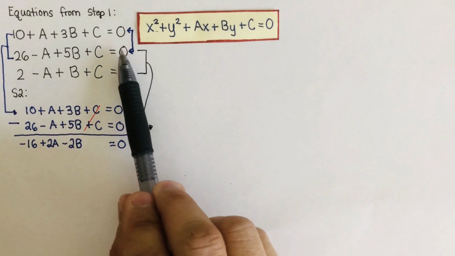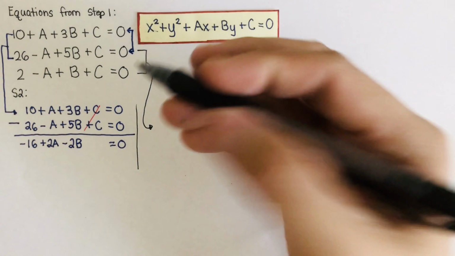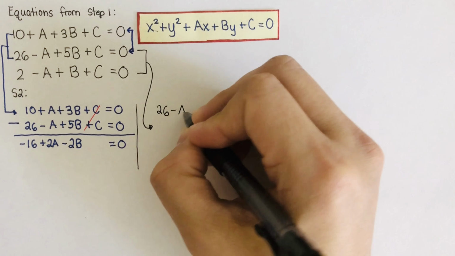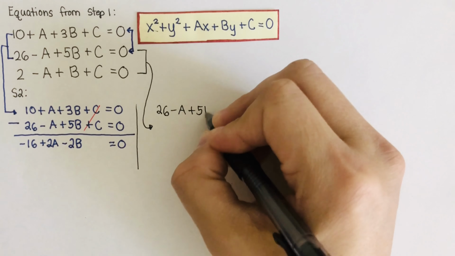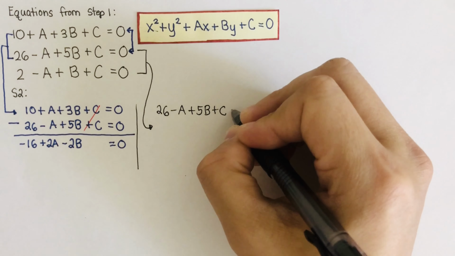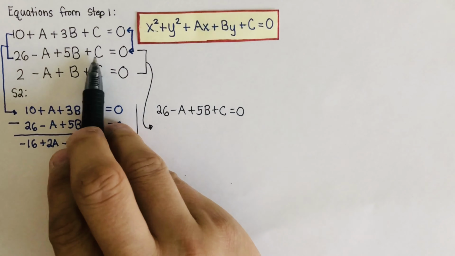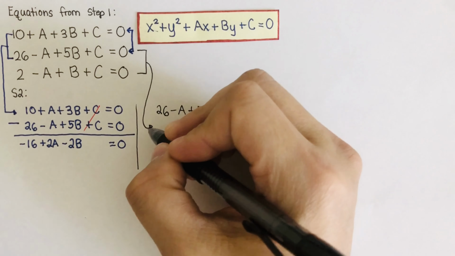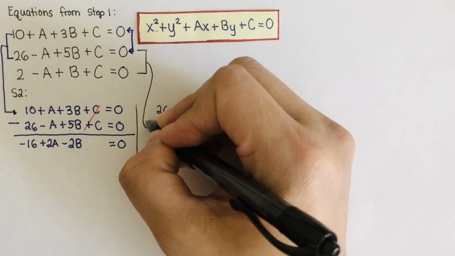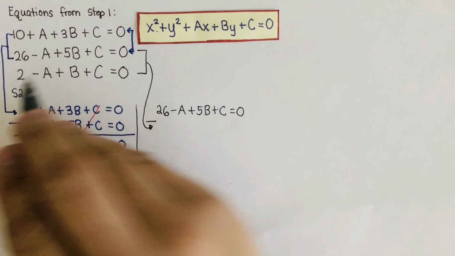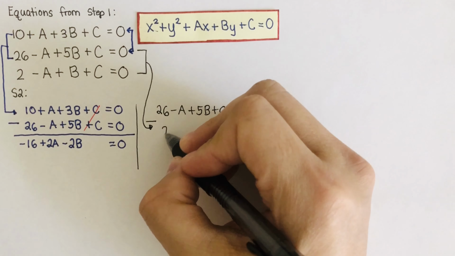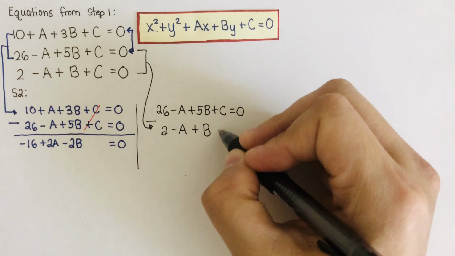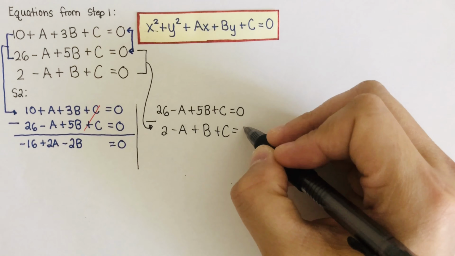This time around, I will subtract these two. I will write first the 26 minus A plus 5B plus C equals 0. That's the second equation. The third equation is, again, we always remember that this should be a minus, 2 minus A plus B plus C equals 0.